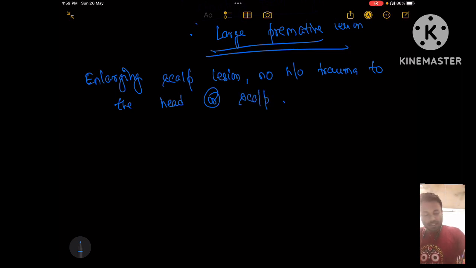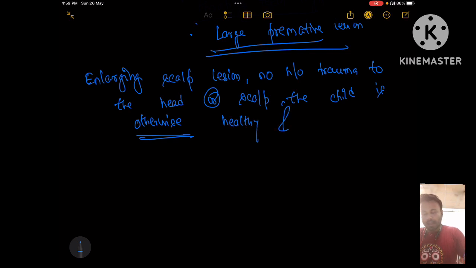The child is otherwise healthy and investigations are normal.